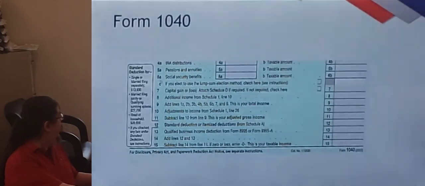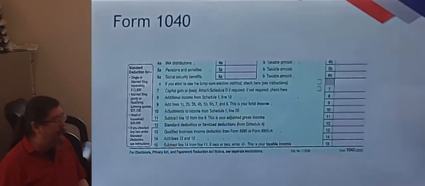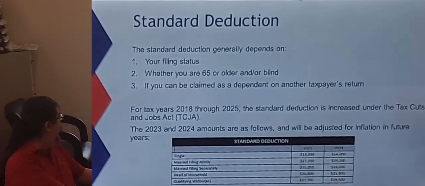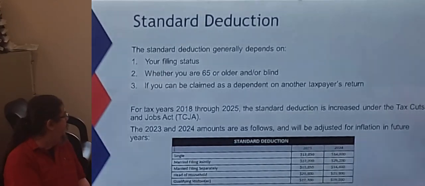So here again, we notice the standard deduction for most taxpayers is pre-printed on the Form 1040. And one thing I didn't mention that I should have when we talked about filing requirements, but it was in the book, is that your standard deduction is higher if you are over 65 or blind.